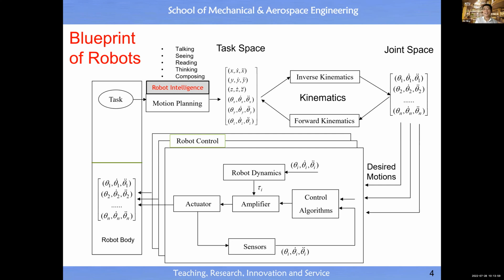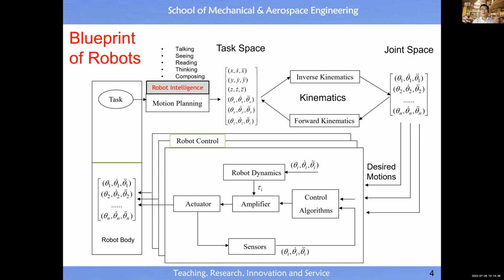This slide gives you the blueprint of a robot, which will help you to understand the key steps involved in the transformation from a task to motion in task space, then motion in joint space, then motion under control, then the motion as an output from the body of the robot. So you see this motion flow.